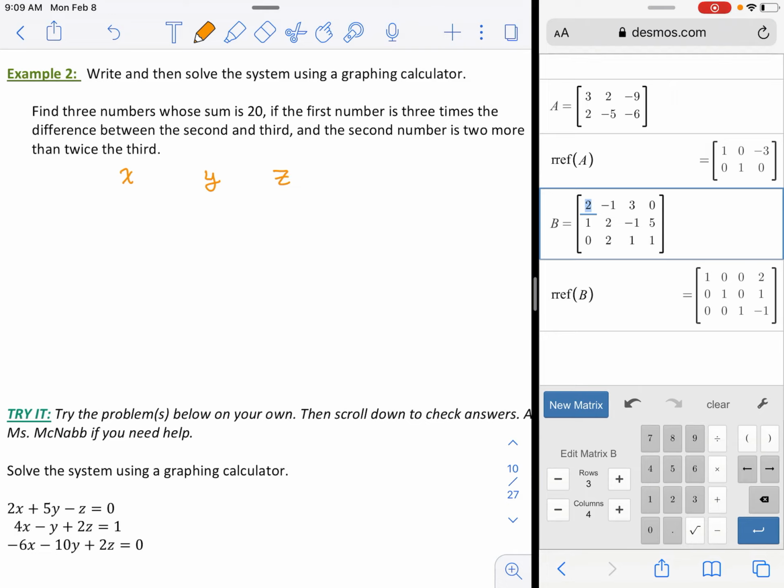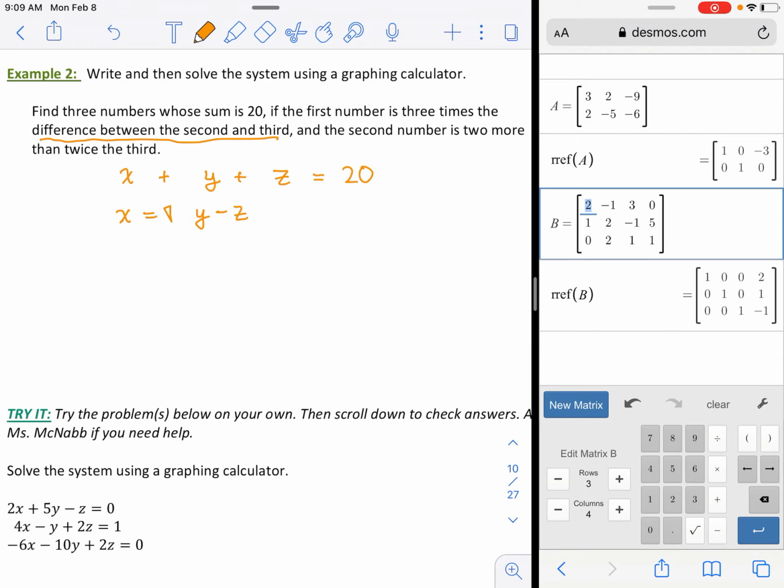Their sum is 20, so x plus y plus z equals 20. I'm told the first number, x, is 3 times the difference between the second and the third.